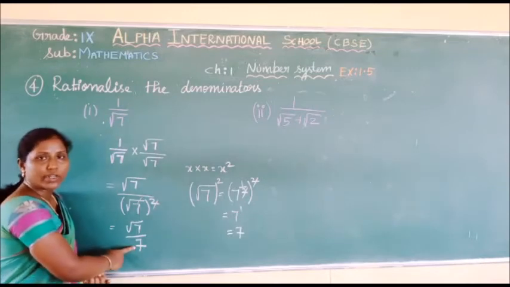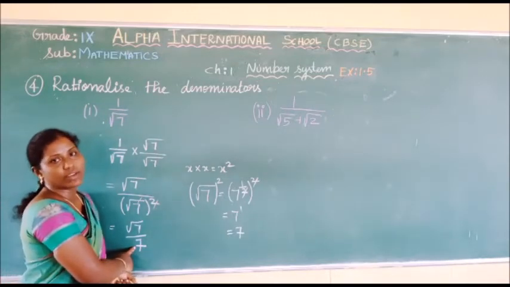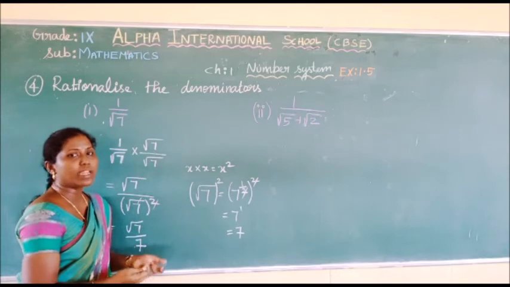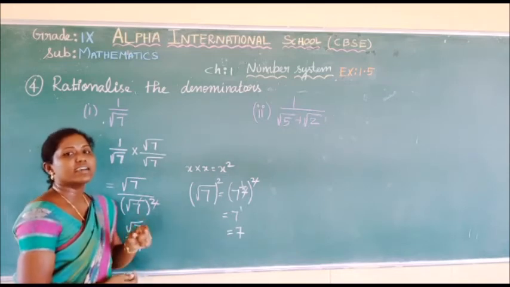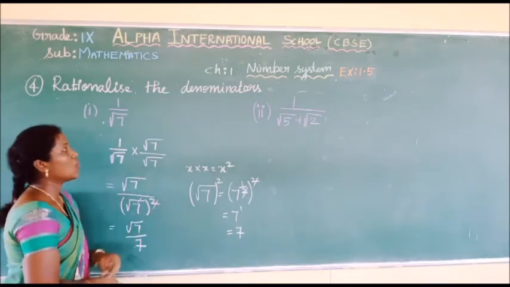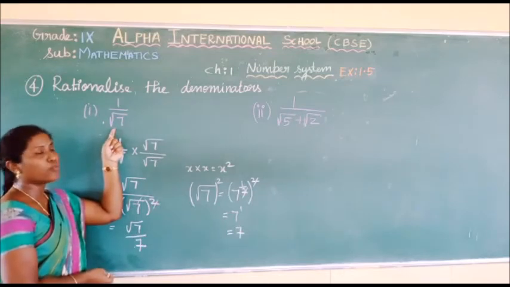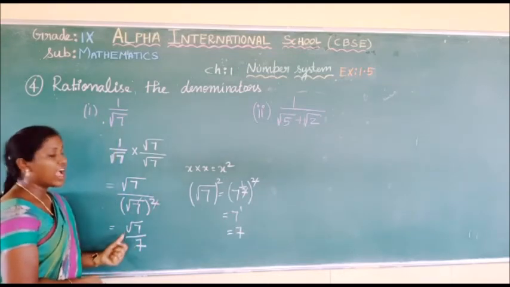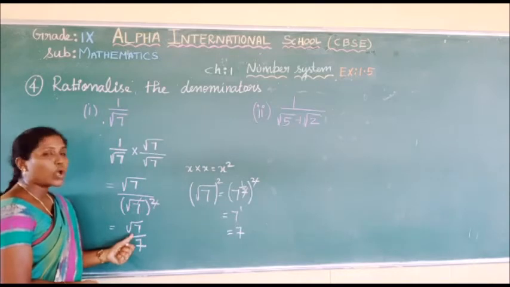Now see the denominator. What is the denominator here? It is 7. Is 7 a rational number or irrational number? Yes, it is a rational number. So we rationalized the denominator of 1 by root 7 here and we got the answer as square root of 7 by 7.